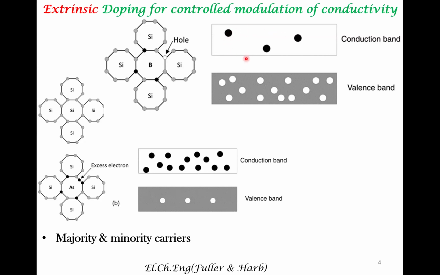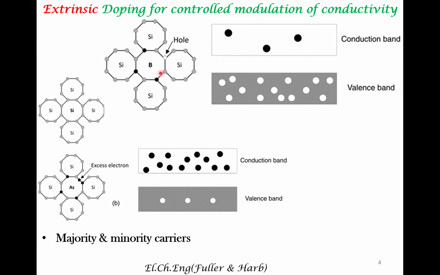Corresponding to these electrons, there are holes that are present in the valence band, but the number of holes in the valence band is much larger than the number of electrons in the conduction band, because these holes have been obtained not by thermal excitation, but because of acceptor doping in the semiconductor.